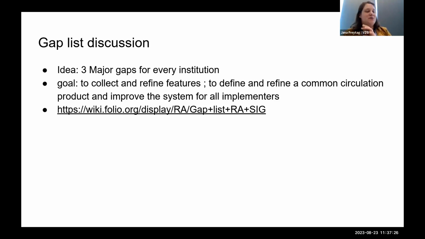The idea of this gap list was to have three major gaps per institution, your major pain points, listed in this table. The goal is to collect and refine the features on there, and to define and refine the common circulation product, and to improve the system for all implementers and future implementers, of course. So let's get into it.